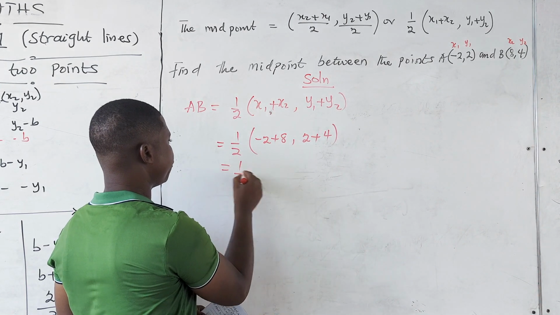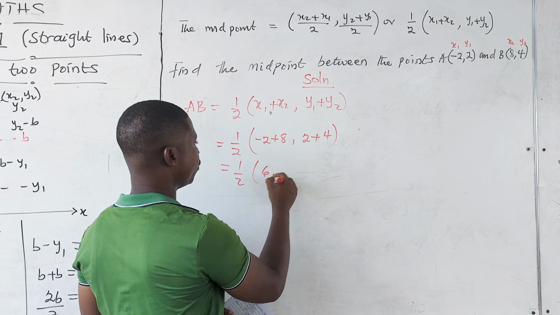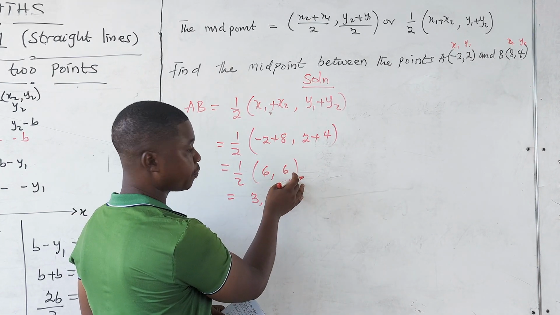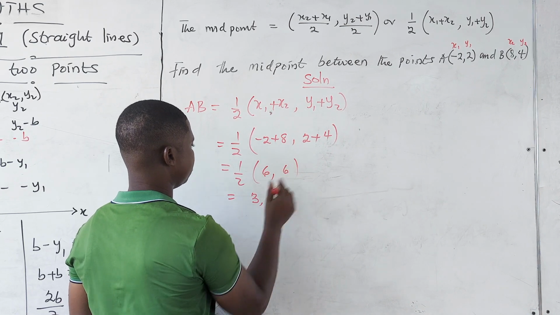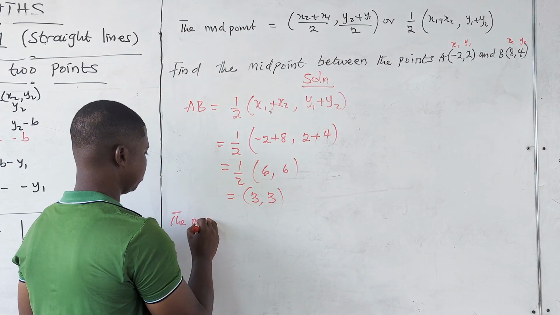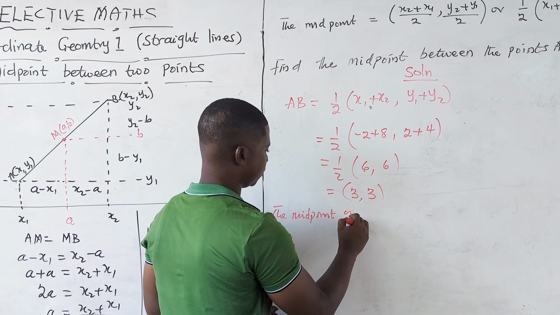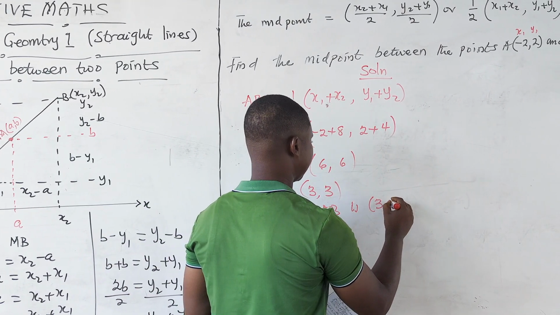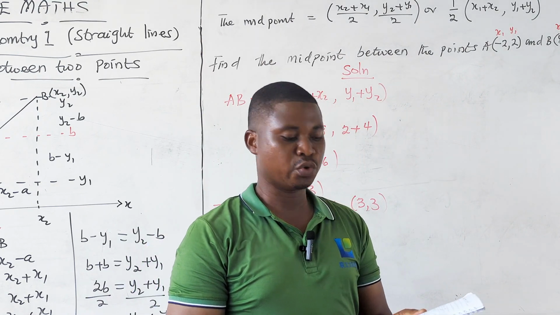So we have half of -2 plus 8, which is 6, and 2 plus 4, which is 6. So half of 6 is what? 3. And half of 6 is also 3. So the midpoint of AB is (3, 3).